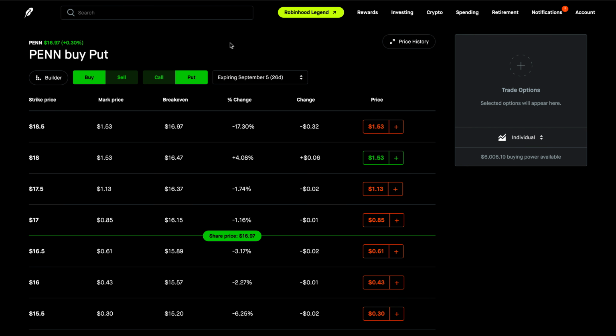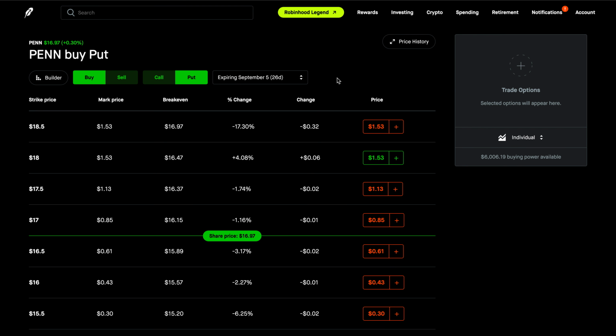My expiration date is September 5th, and I want to give it enough time to go up in price. So let's say, and again, I'm just making this number up, but let's say that at expiration, I believe this stock, PENN, will be above $19. Right now, it's currently almost at $17. So let's say by expiration, I think it'll be above $19 a share.